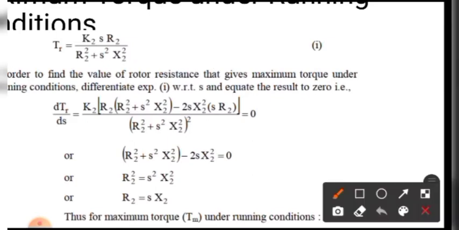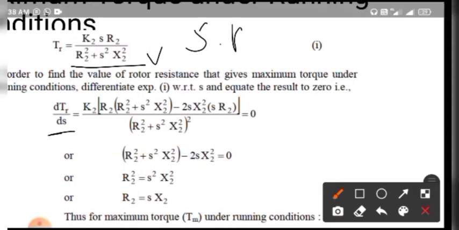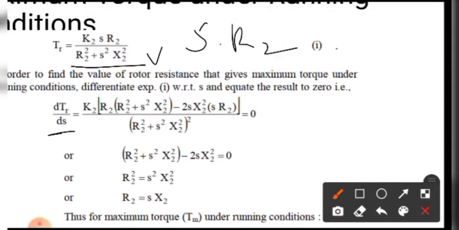Here, firstly take the derivative with respect to S, taking K2 outside the bracket. Firstly this is V, times the derivative of U. U is S × R2, and the derivative of S × R2 with respect to S is R2.